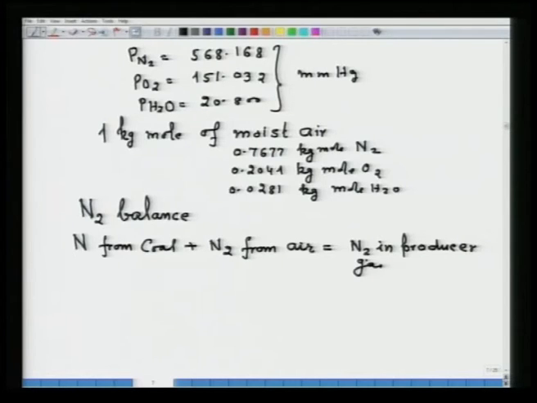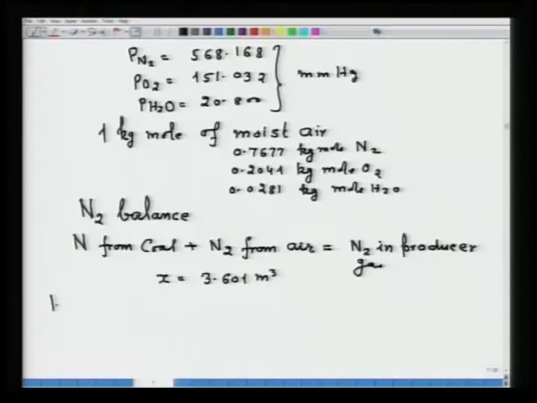So, you can do this balance and the value of x that we assumed is equal to 3.601 meter cube at the temperature of 25 degrees Celsius and 740 millimeter mercury.